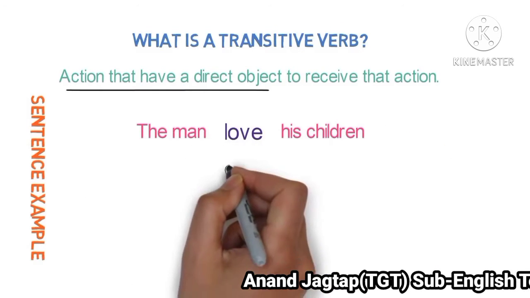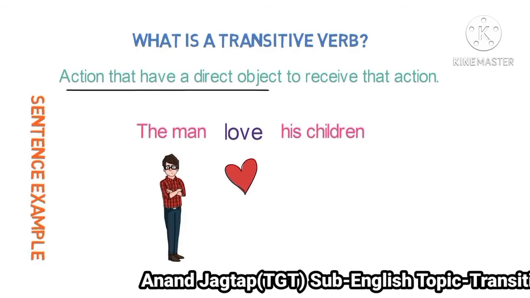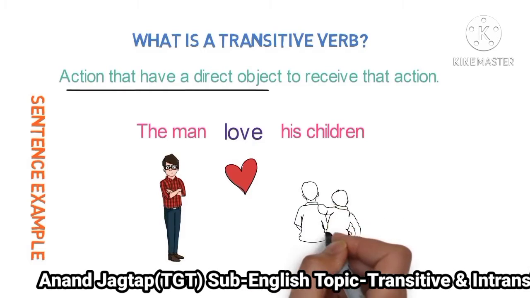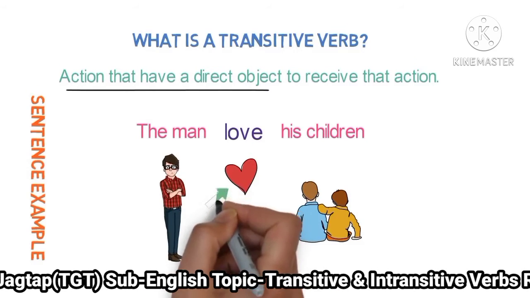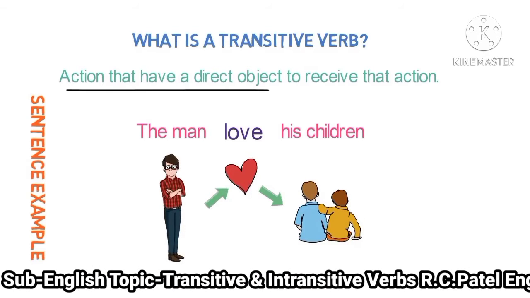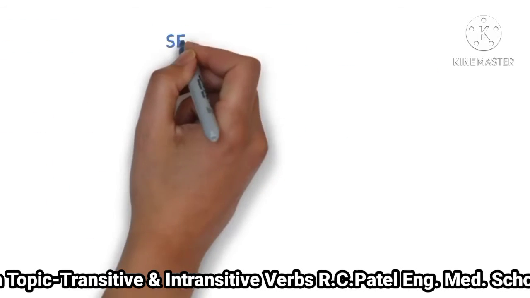The man loved his children. Here the man is subject, love is verb, and his children is an object. So here see, the man performs the action that is love, and his children is receiving that action.